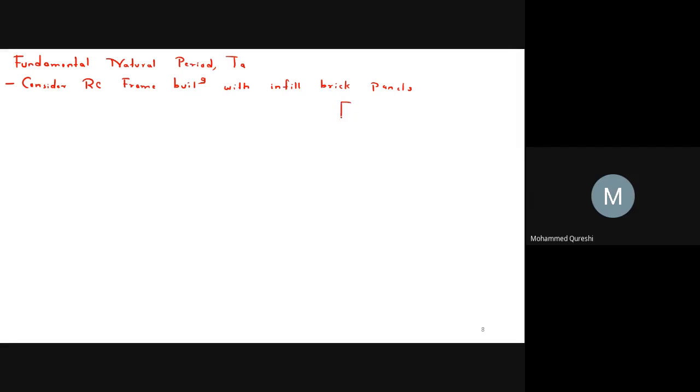From IS code 1893 part 1, 2002, page number 24, clause 7.6.1, we will get the equation for Ta as 0.09 into H upon root D.